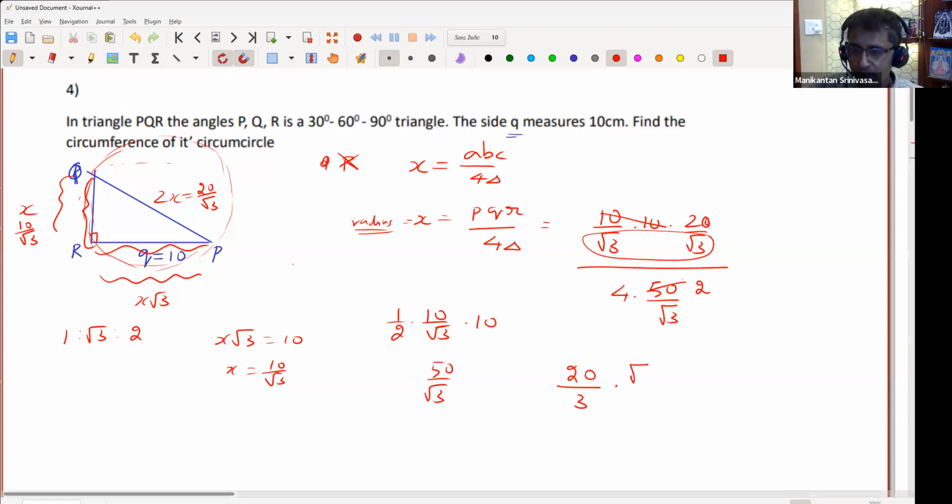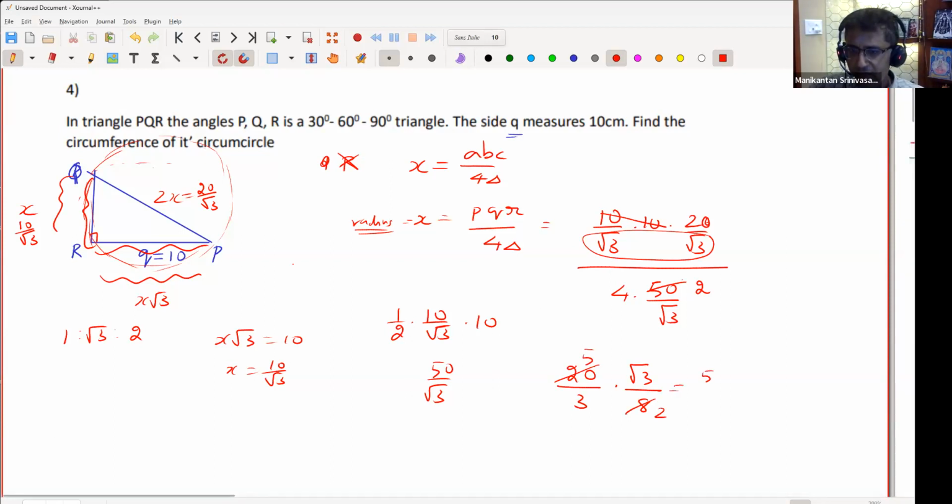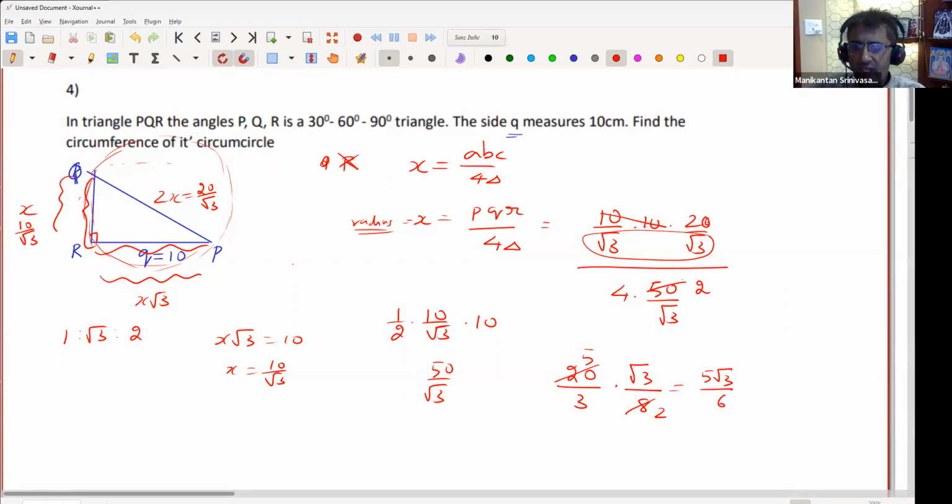So it goes up as root 3 upon 8. I can do further cancellation here. 4 goes 2 times, 4 goes 5 times, I believe, right? So it's 5 root 3 upon 6. Am I right? abc by 4 delta.